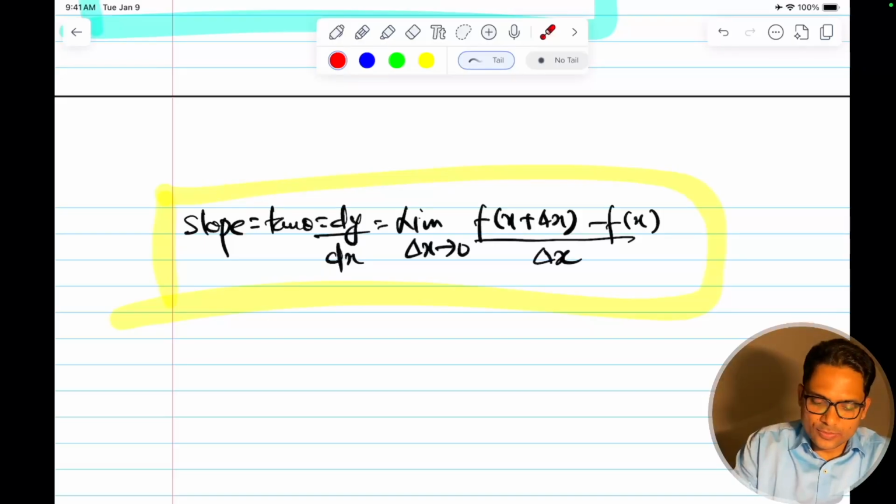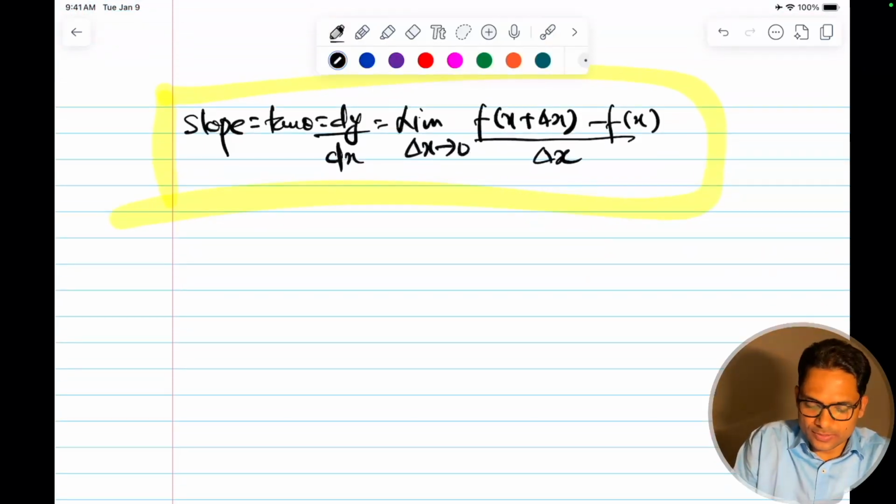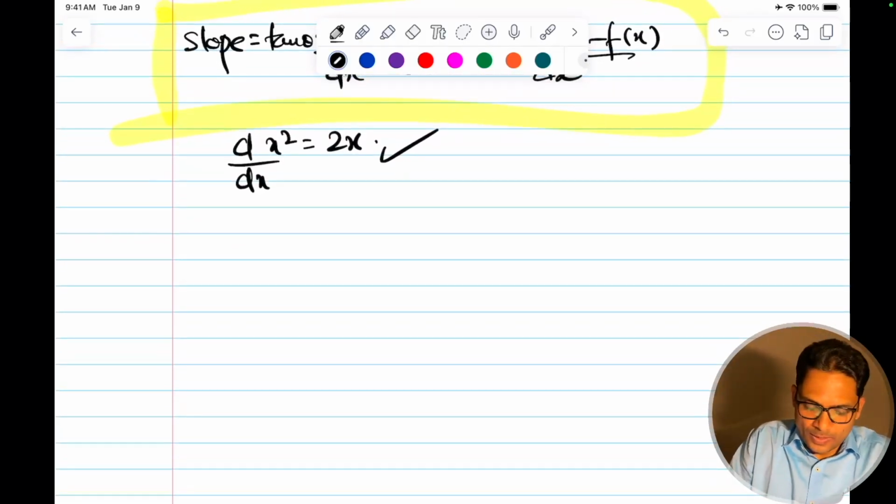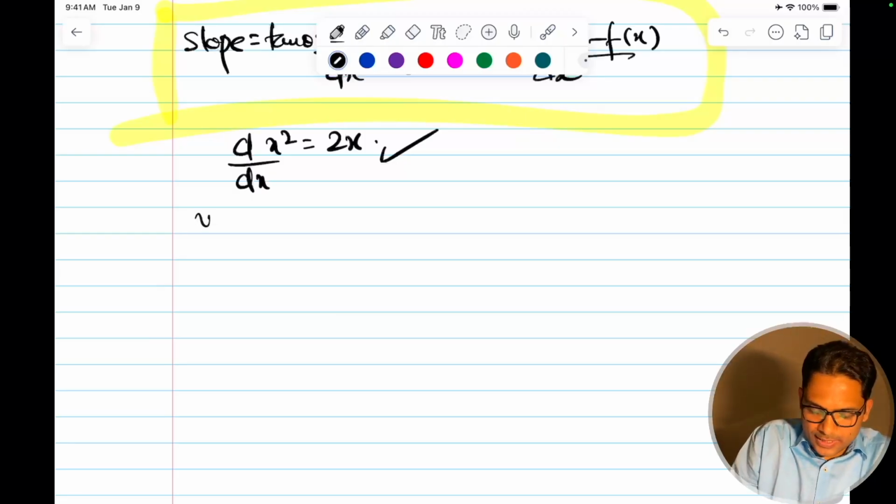Let's quickly check it out. We know that d by dx of x square is equal to 2x, right? Let's check it using this formula. So my y is equal to f of x is equal to x square.